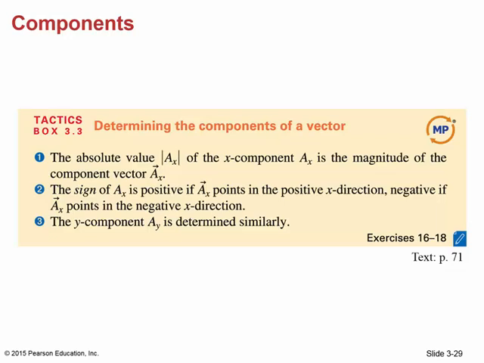It's just that simple. The sign of Ax is positive if it points in the positive x direction, and negative if it points in the negative x direction. And the y component is determined the same way, okay? Positive x is positive, negative x is negative. Same thing with y: positive y is positive, and negative y is negative. It's really easy to determine, all right?